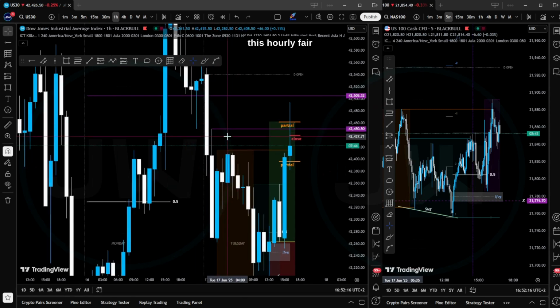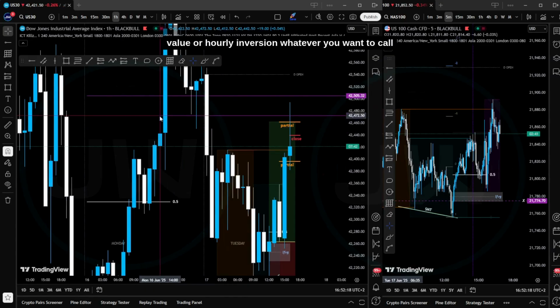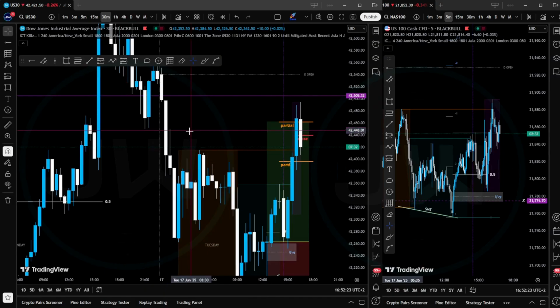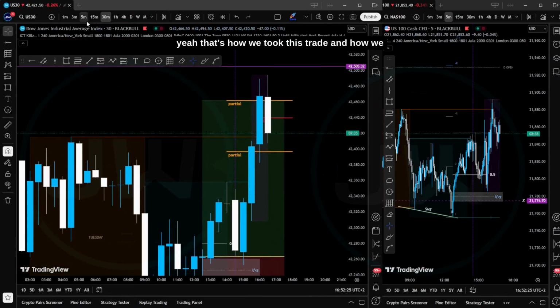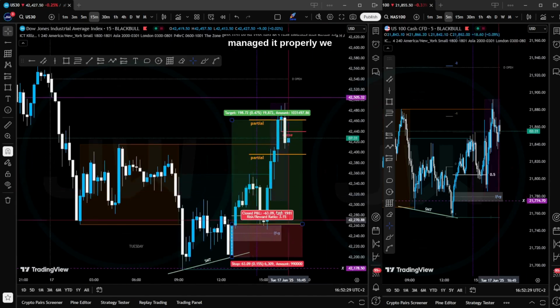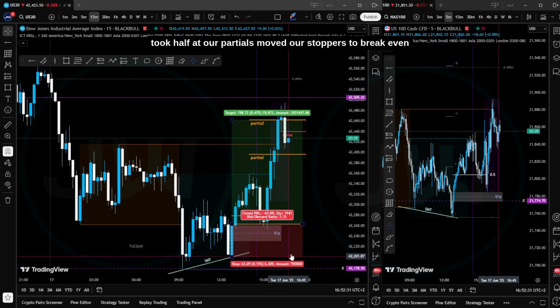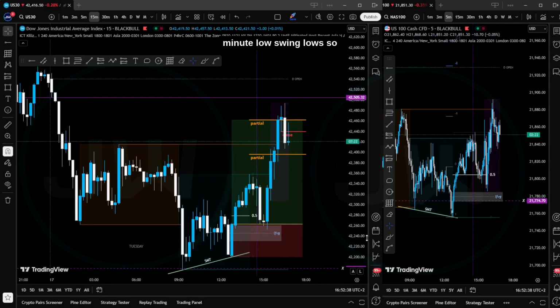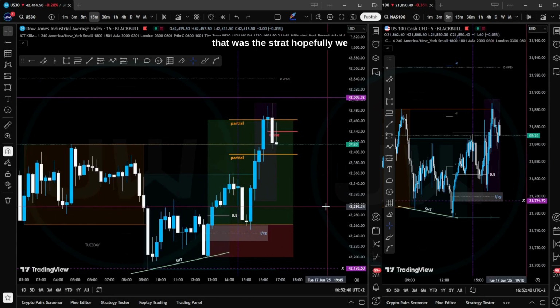But this hourly fair value gap, or hourly inversion, or whatever you want to call it. But yeah, that's how we took this trade and how we managed it properly. We took half at our partials, moved our stop loss to break even, and then kept trailing under the 15-minute swing lows. So that was the strat.